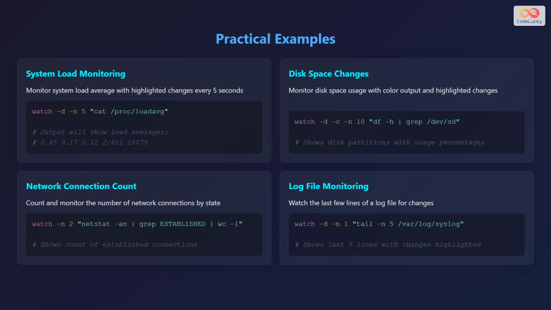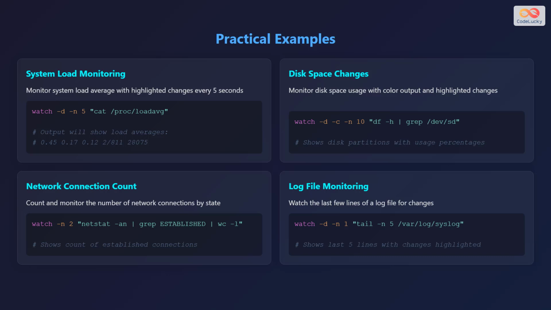Second, to monitor disk space changes, use the command watch -d -c -n 10 "df -h | grep /dev/sd". This shows disk partitions with usage percentages. The color option adds readability.